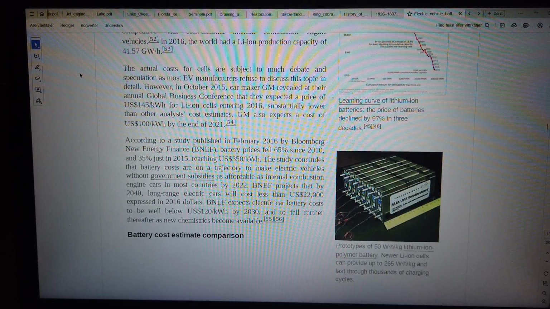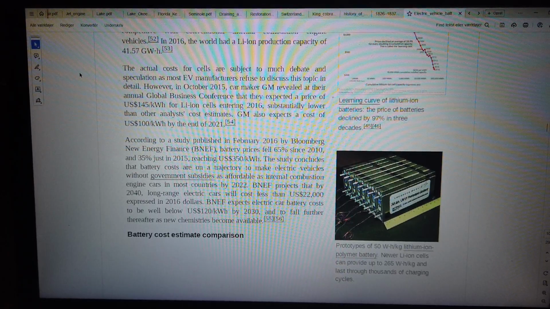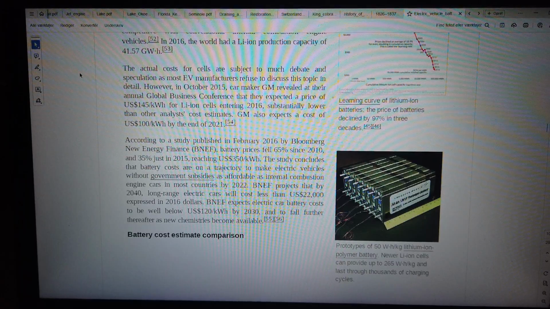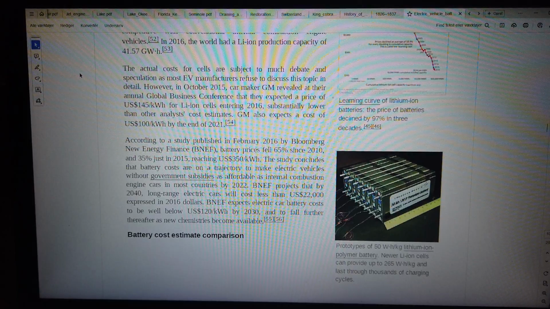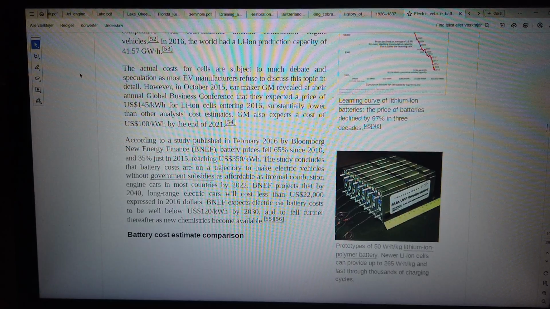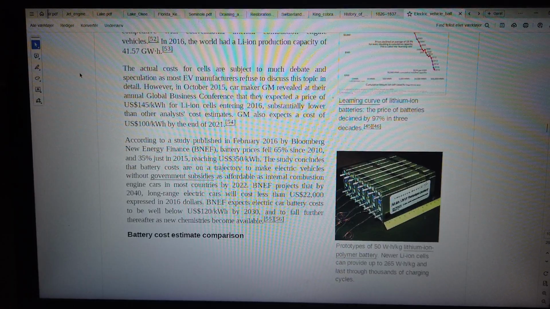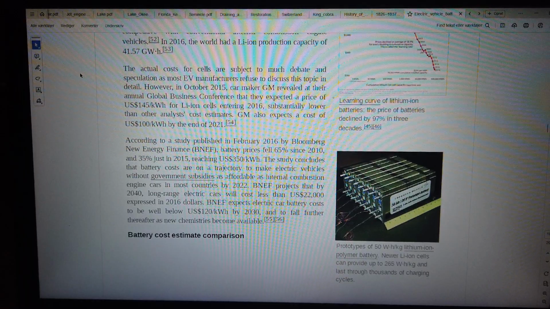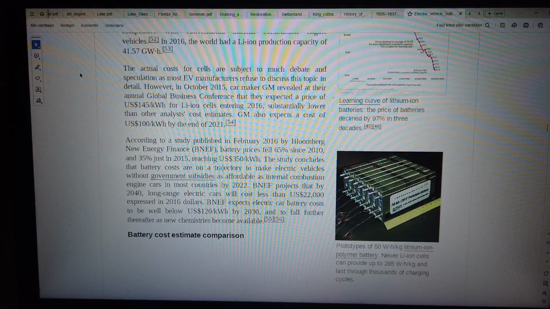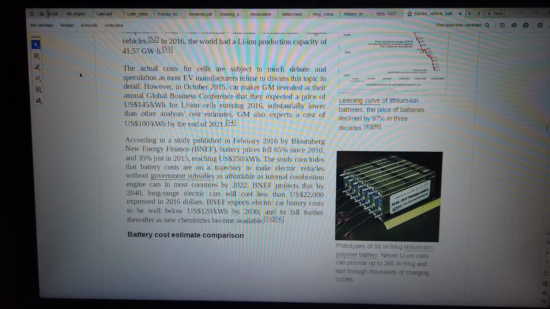2021. 54. According to a study published in February 2016 by Bloomberg New Energy Finance, NEF, battery prices fell 65% since 2010 and 35% just in 2015, reaching $350/kWh. The study concludes that battery costs are on a trajectory to make electric vehicles without government subsidies as affordable as internal combustion engine cars in most countries by 2022.